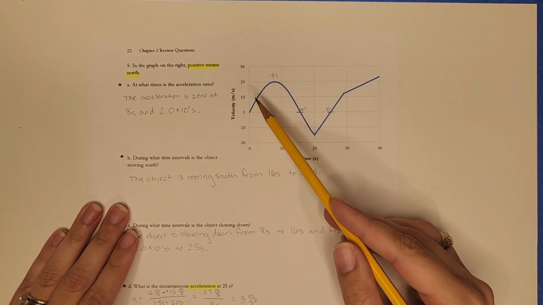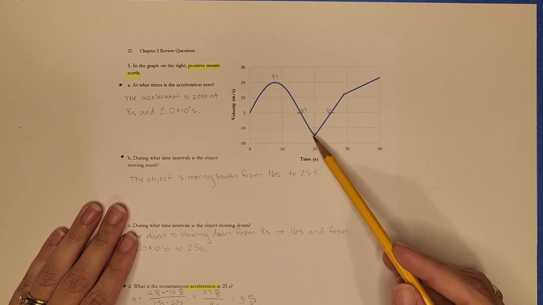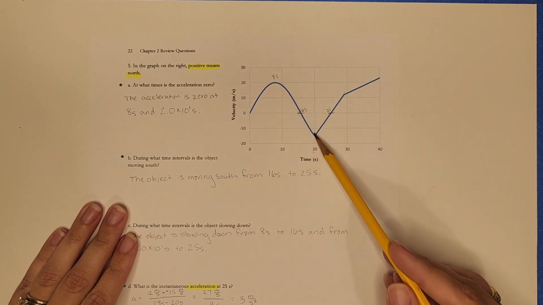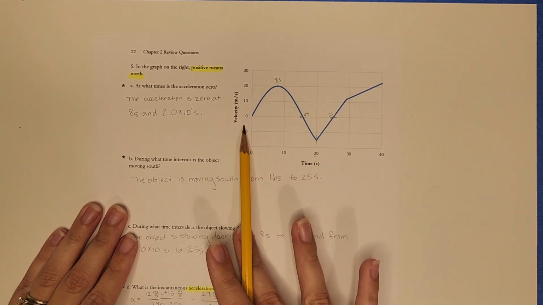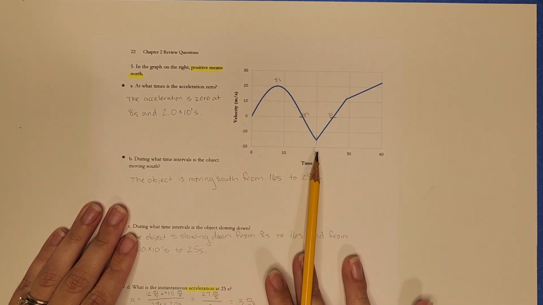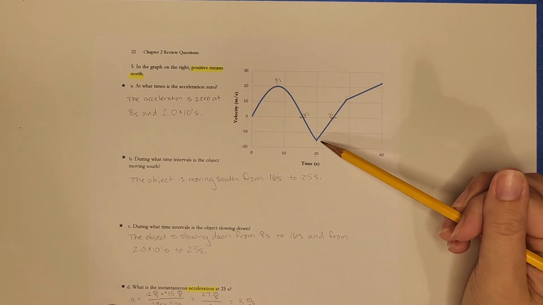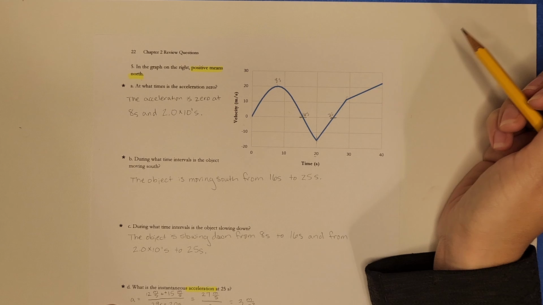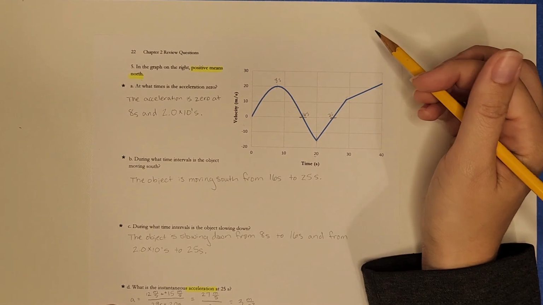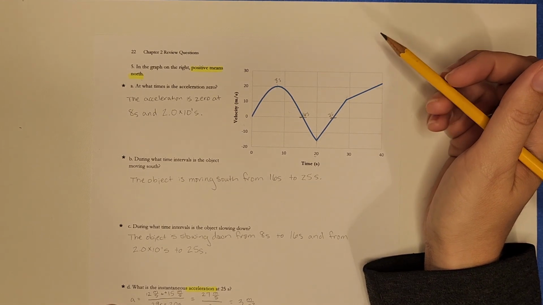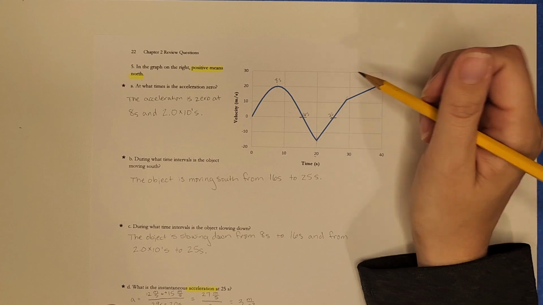So we cannot use any of our equations of motion in this chapter in this interval from 0 to 20 seconds. But from 20 seconds to, we said, did we estimate this one? I don't think we did.